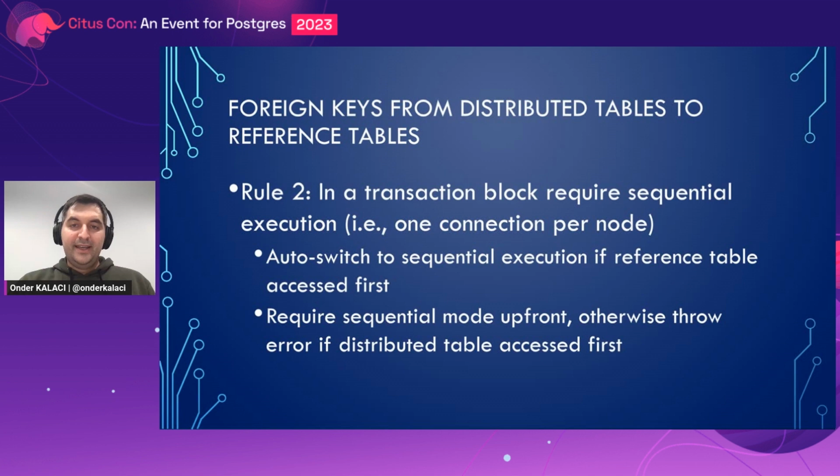So to prevent that, what Citus requires is that if you are in a transaction block, and you are modifying a distributed table which has a foreign key to a reference table, then Citus requires you to be in the sequential mode. It can be very easily set with a setting, like a command line setting on psql, and then you can just run your transaction.